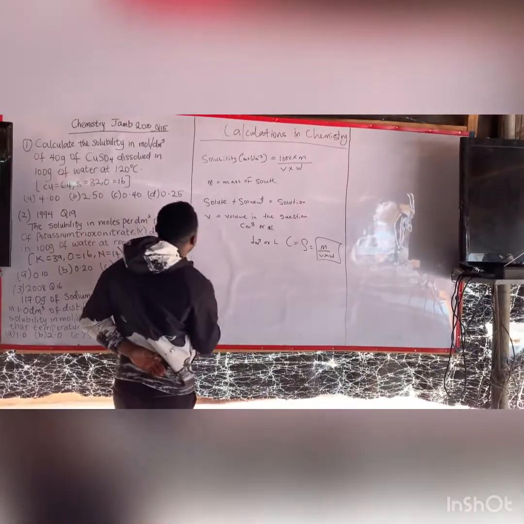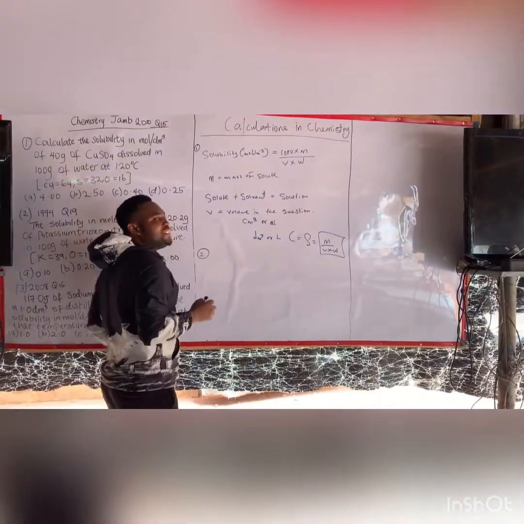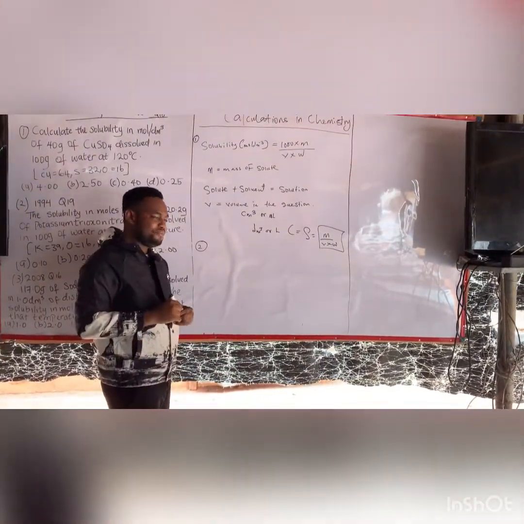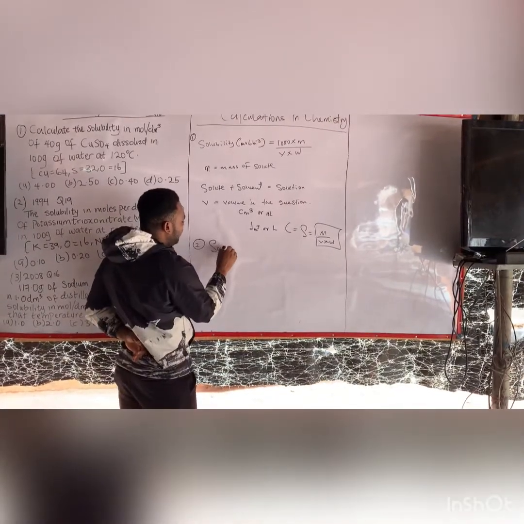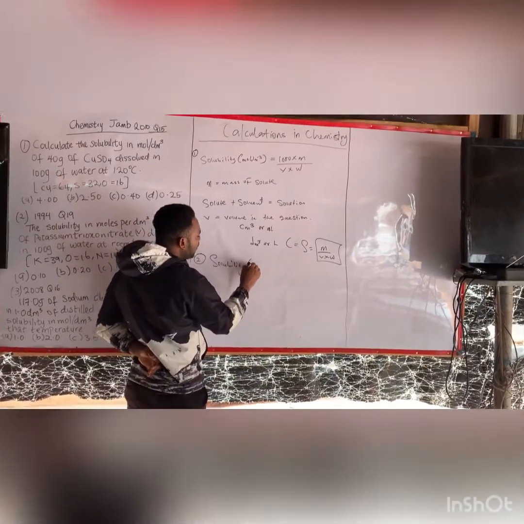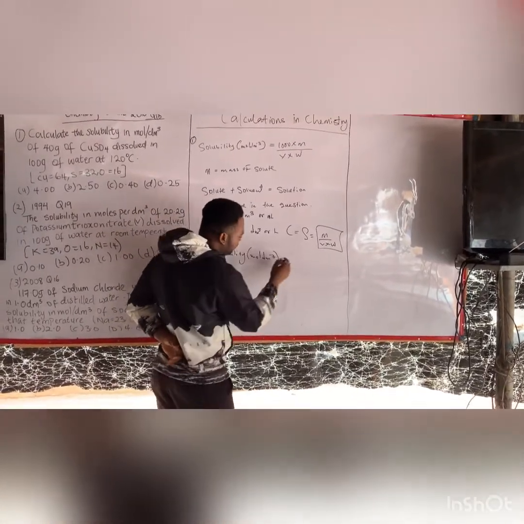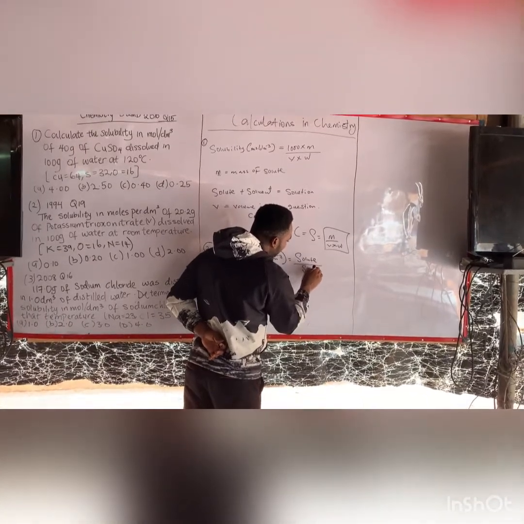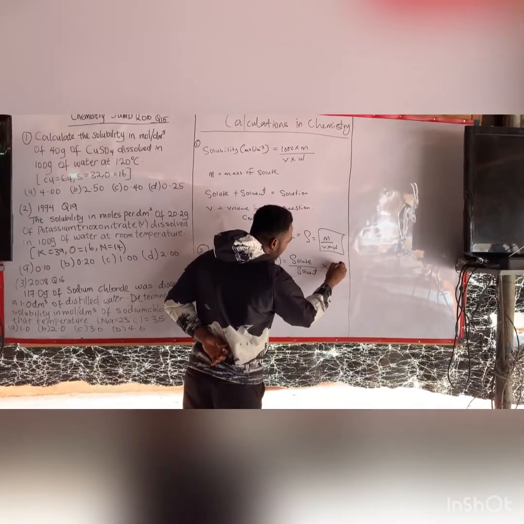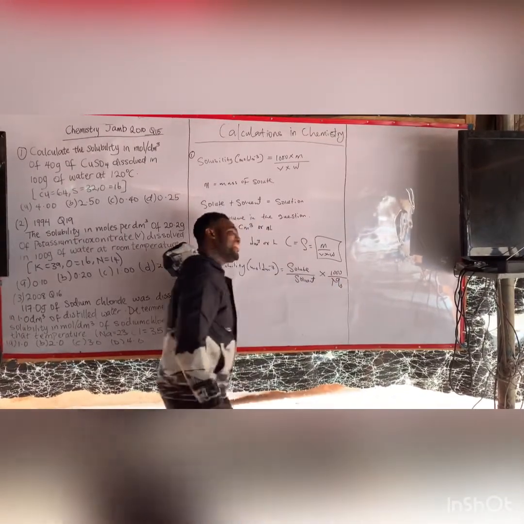Another shortcut that will give you your answer fast and reliable is this one. Solubility in mole per dm3 is equal to solute all over solvent times 1000 divided by molar mass.